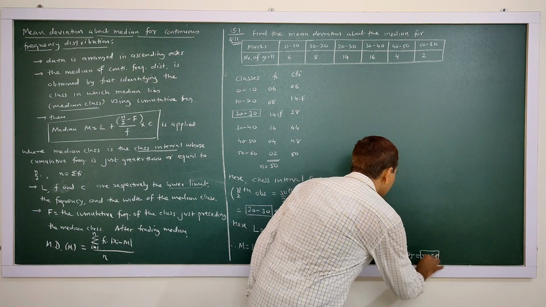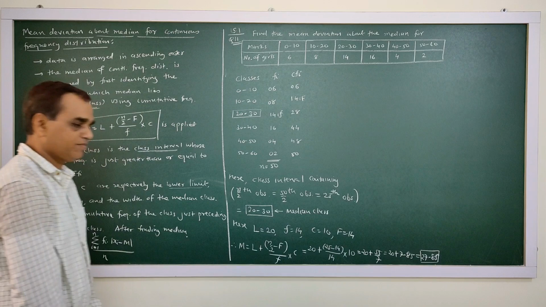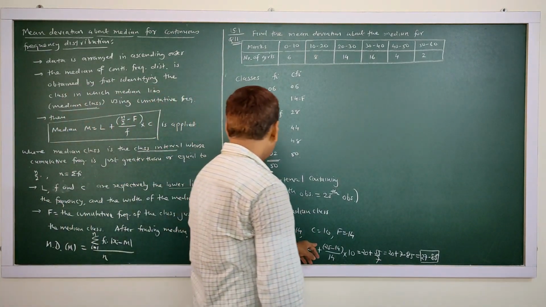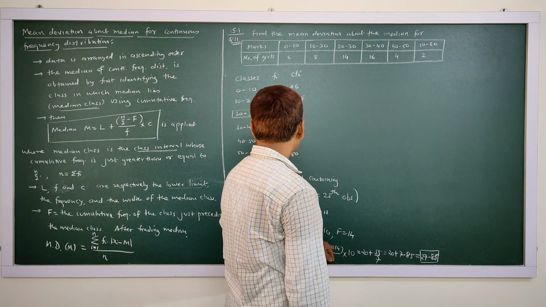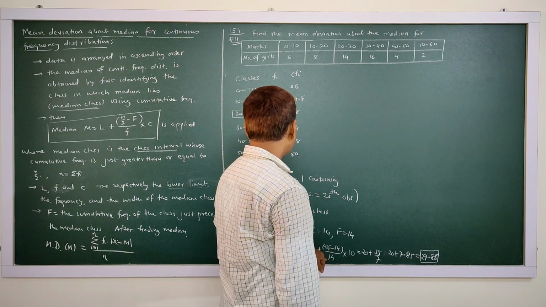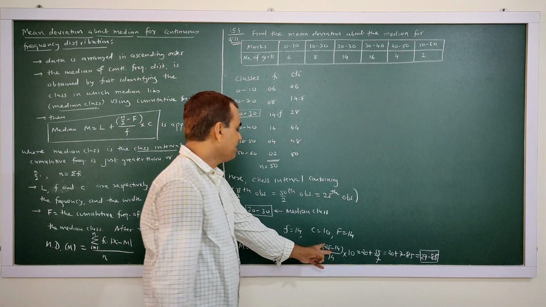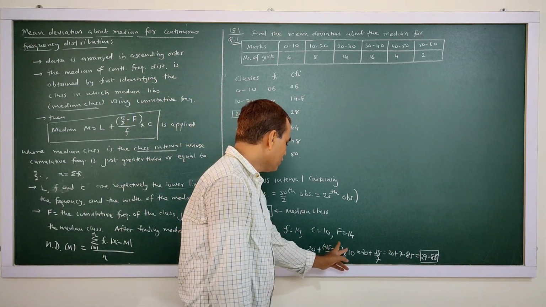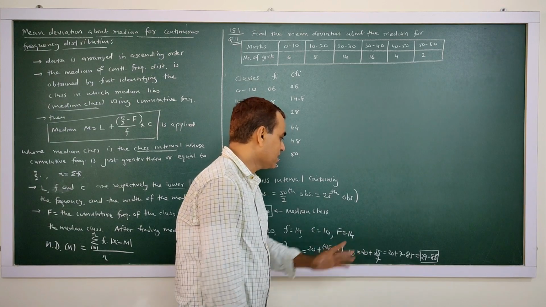This is the median, 27.85. That is 25 minus capital F upon small f into C. 25 minus 14 is 11. So 11 into 10 by 40, 55 by 7.